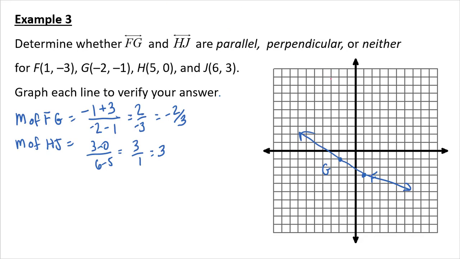And then HJ is 5, 0, and 6, 3. So that was J, this was H. Though they look like they're perpendicular, our algebra here told us they're not.